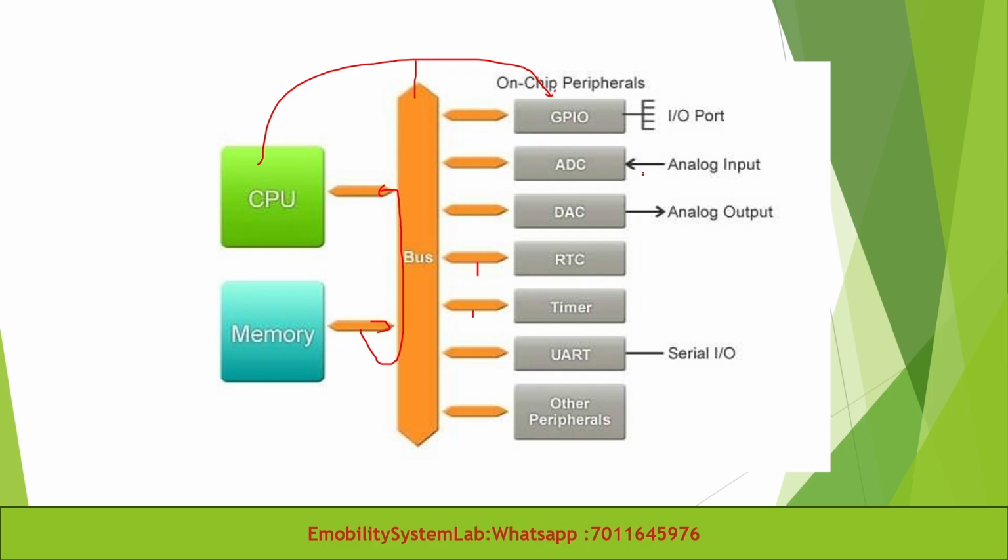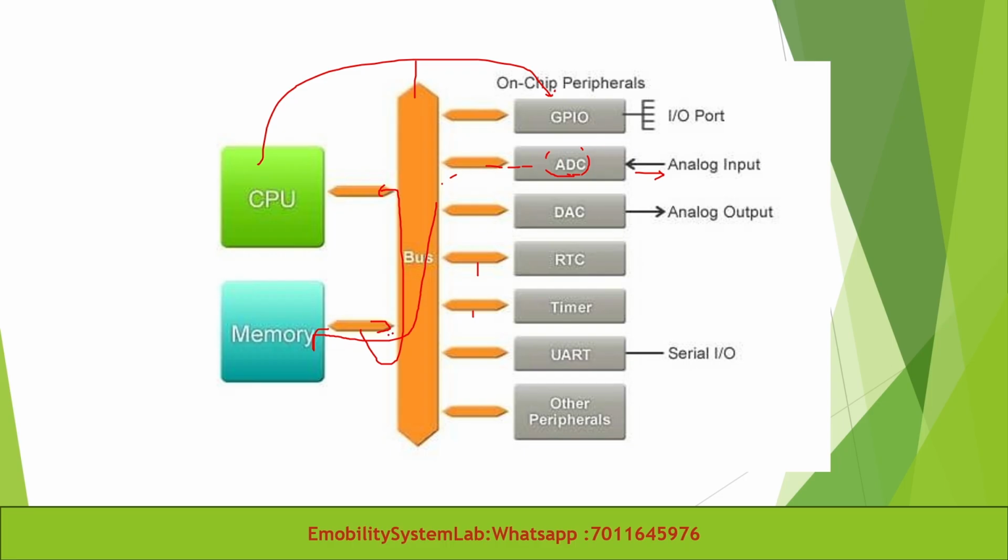Let's take an example of ADC. Here you have connected a temperature sensor, and the temperature sensor gives an analog input. You read the temperature value, and that temperature value is stored here in memory.